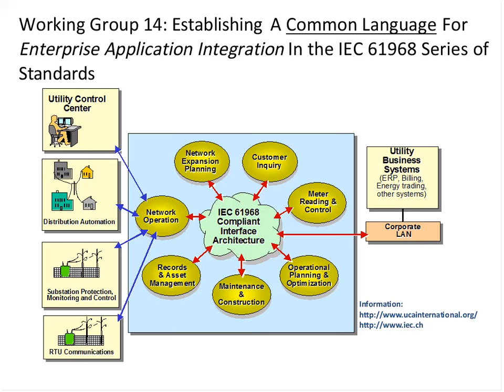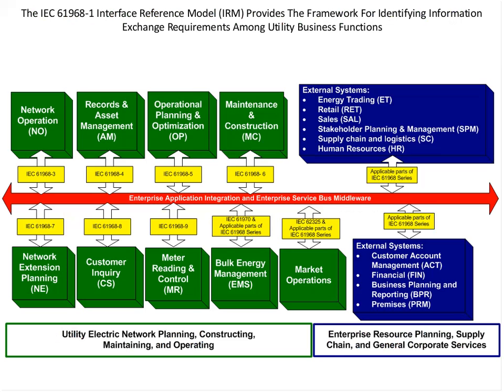And then here's working group 14, which is the SIM for distribution group. And they're dealing with all of these issues, as you can see in the diagram. Again, objects representing attributes that are important for reporting in a utility for day-to-day business. Here are the various parts of 61968 and what they're dealing with by the sub number.